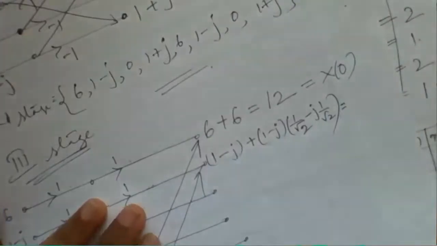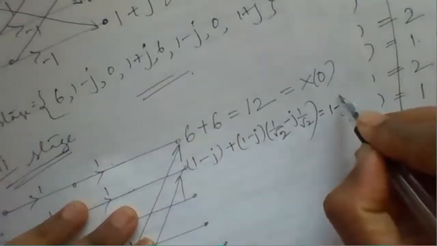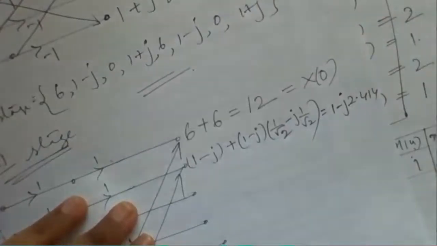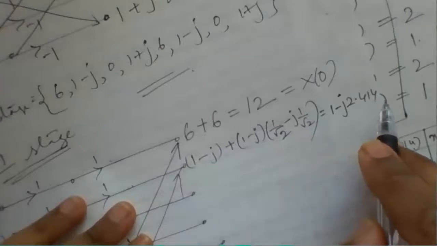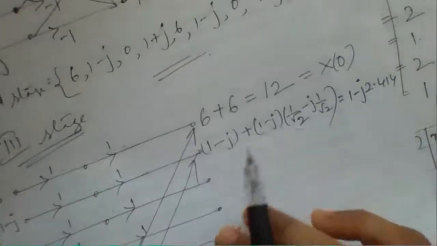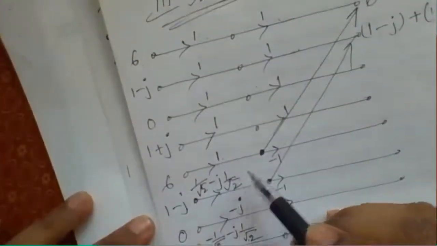When you simplify this, you are going to get 1 minus j 2.414. Writing this is important: the signal sample value and the twiddle factor, with the proper signs.